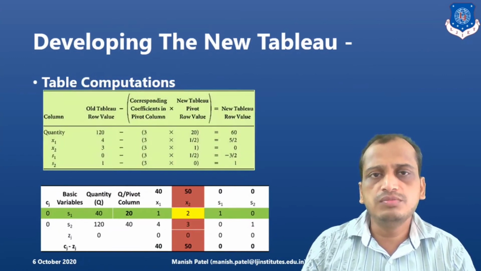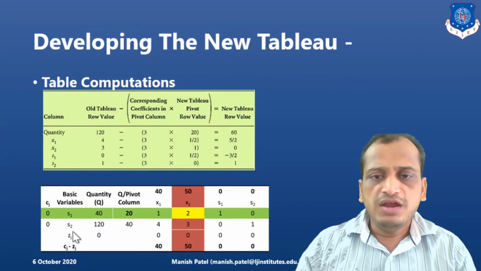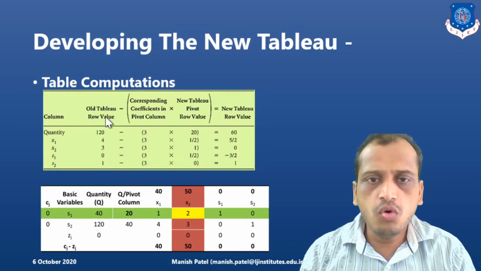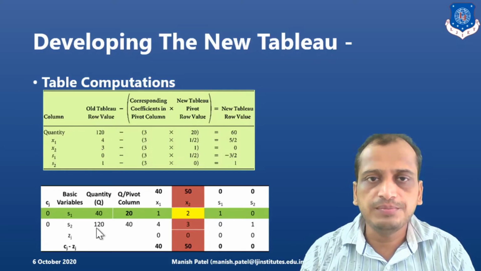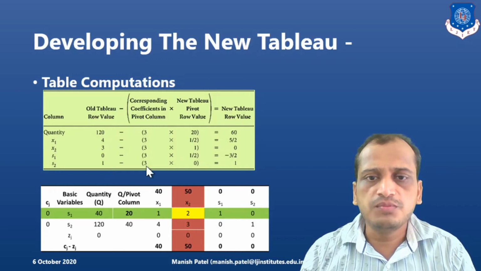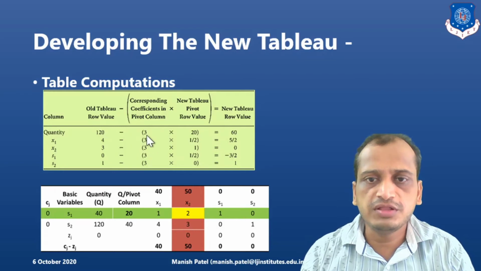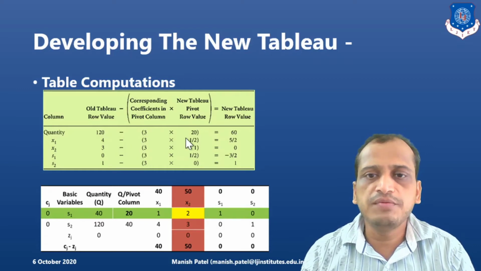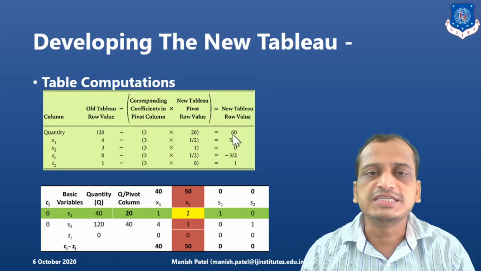If you carefully see the next row, 120, where do we get the old tableau row value, which is 120, minus the corresponding coefficient in the pivot column, that is 3 here. So here we have written 3 times the new tableau pivot row value. What is the pivot row value? It is 20 here. So we multiply by 20 and we got 60 here.